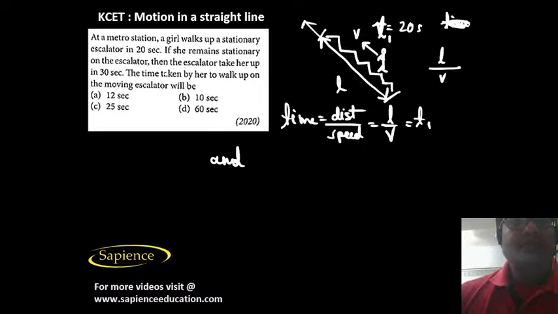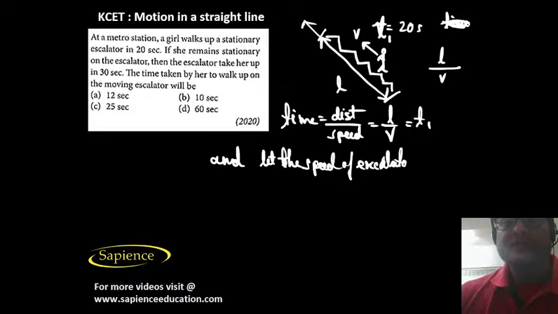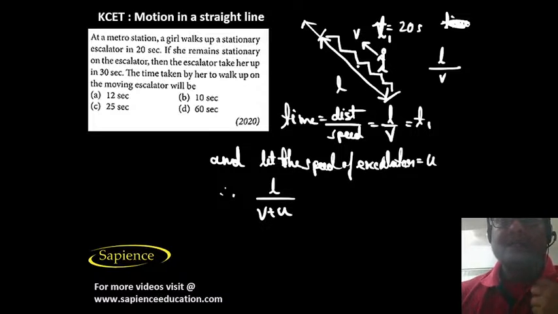And if she remains stationary on the escalator, let the speed of the escalator be u. Therefore, the time taken when both move will be L by V plus u. Since if she remains stationary on the escalator and is not moving, then L by u is 30.